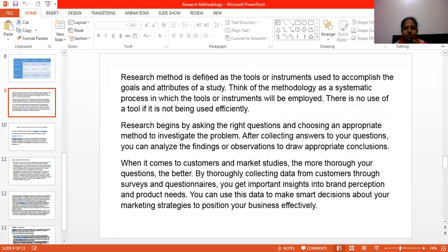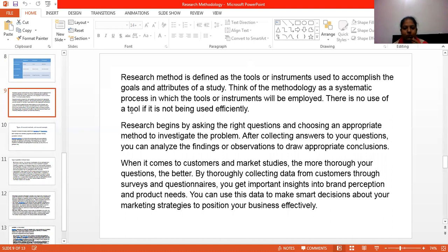Research method is defined as the tool or instruments used to achieve the goals and attributes of a study. Think of the methodology as a systematic process in which the tools or instruments will be employed.